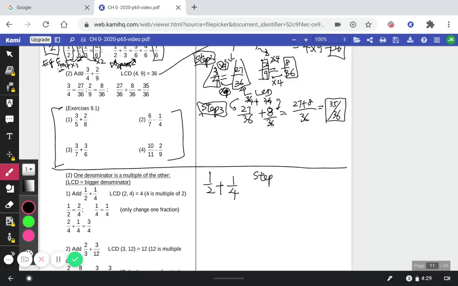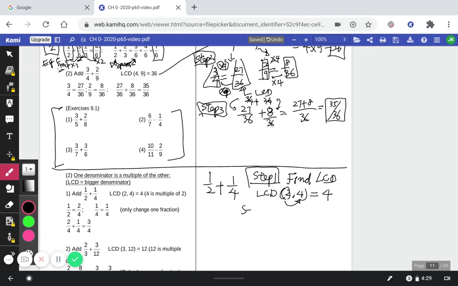So step 1, find the LCD. The LCD of 2 and 4, since 2 goes into 4 completely, in that case the bigger number becomes the LCD, 4.